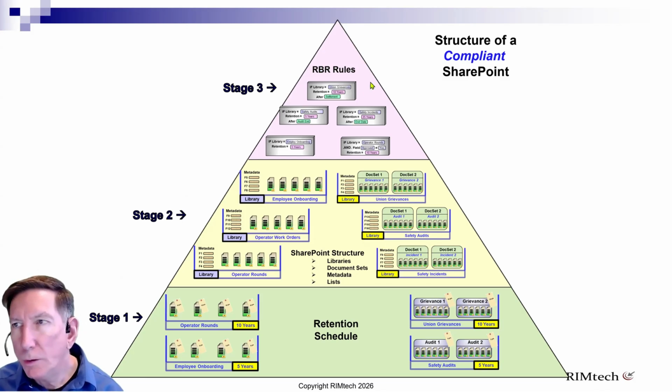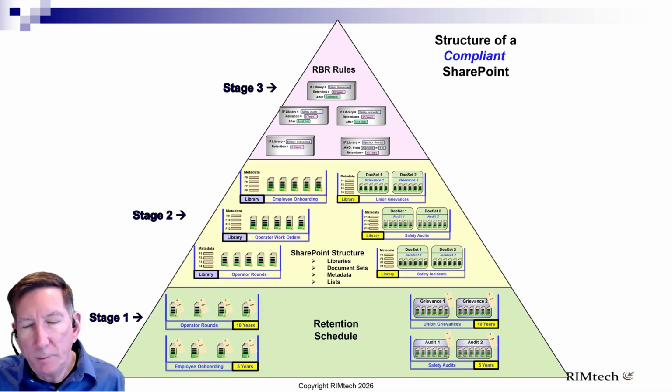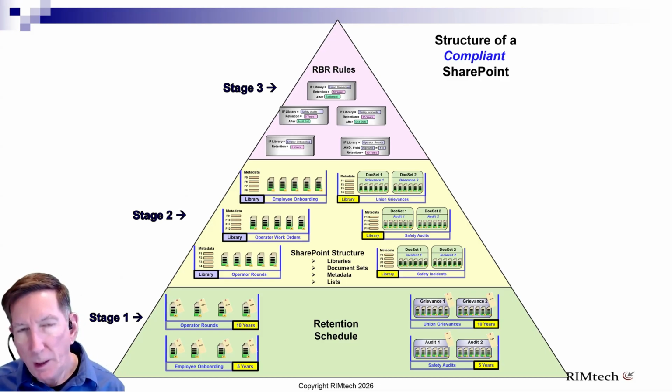On the top, rules-based record keeping. That's just my acronym for it. Up here are your retention rules and your content rules. Remember, two species of rules, not one. There are some examples here. If the library is safety audits, then apply the retention rule of 5 years to it.